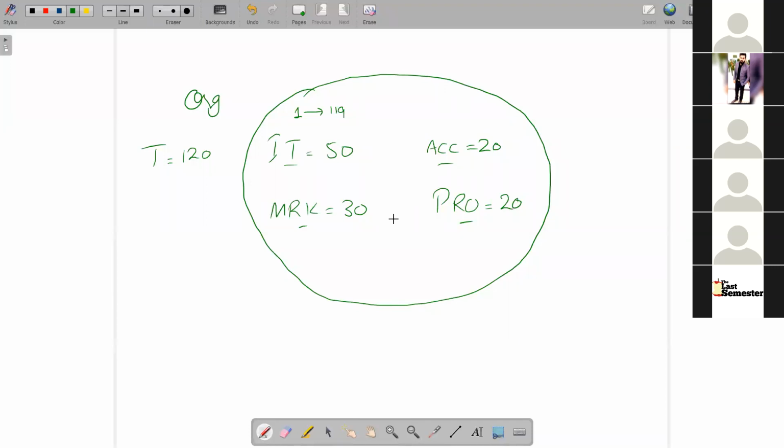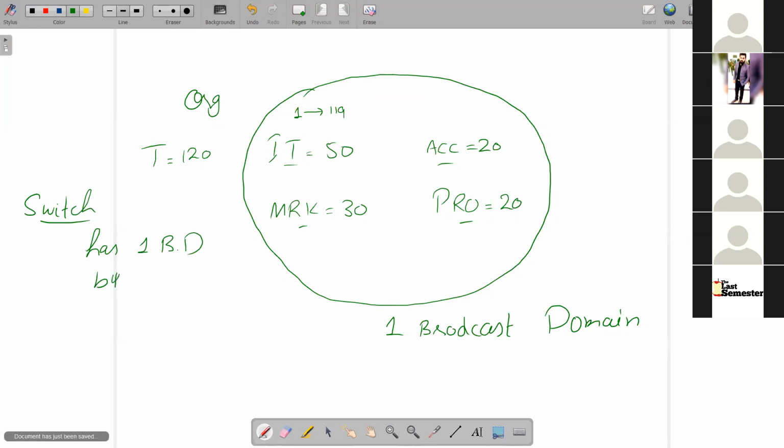This shouldn't happen. So what we need to do, normally we call it one broadcast domain. And that's the key feature of a switch. A switch has one broadcast domain by default.